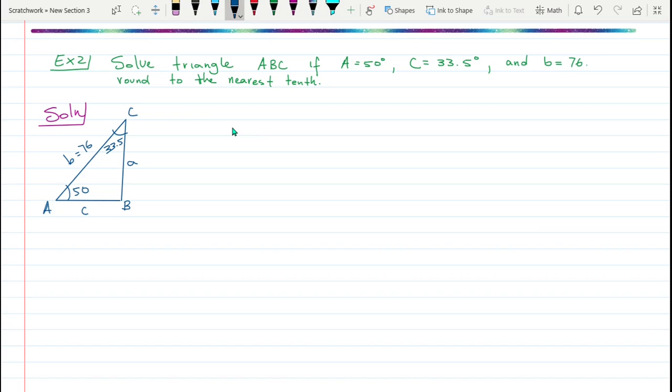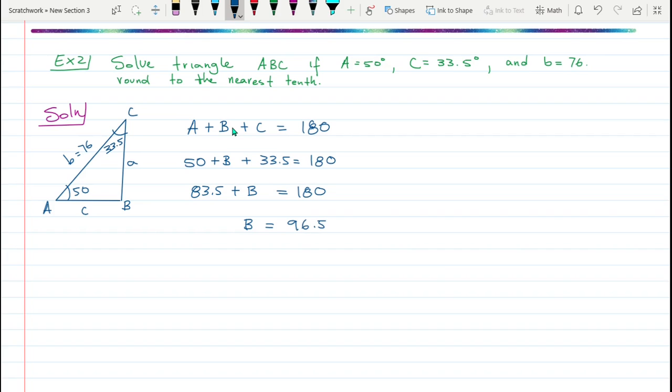So the first thing to do is to find the third angle, right? And we use the fact that A, B, and C add up to 180. So A is 50, B we don't know, and C is 33.5. 50 and 33.5 happen to be 83.5, and then B is equal to 96.5.